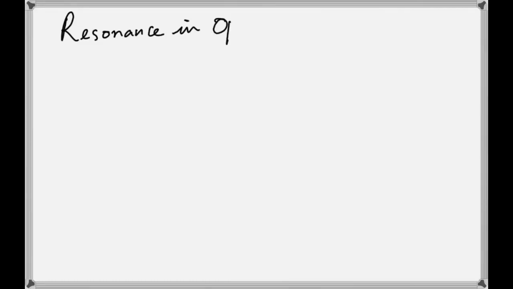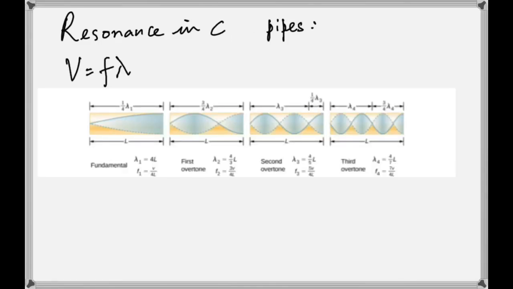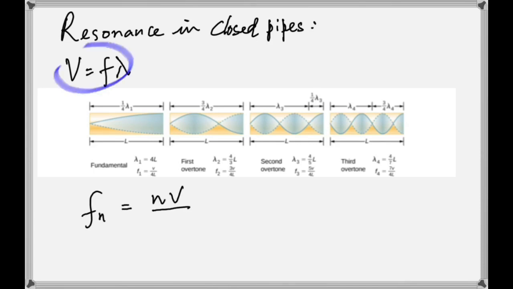Resonance in air columns. Let's look at a closed pipe, although I've written open pipe. A closed pipe. In every case, remember that you could use this formula: speed is the product of frequency and wavelength. Now when you look at this diagram, you see that the node is produced at the closed end and an antinode is produced at the open end.